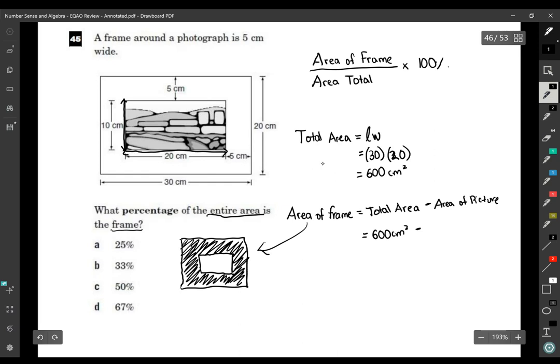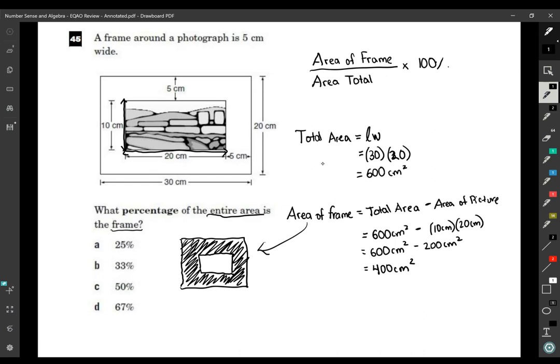It's a rectangle, so it's going to be length times width, 10 centimeters times 20 centimeters. So 600 centimeters squared minus 200 centimeters squared, I end up with 400 centimeters squared. Good. That's the area of the frame, and that's the total area.